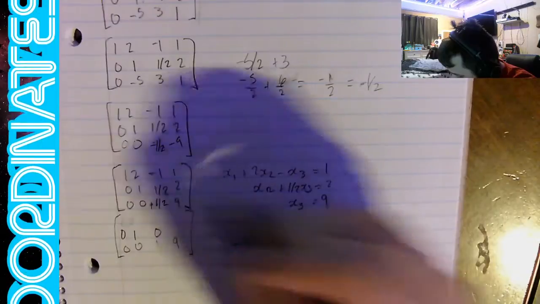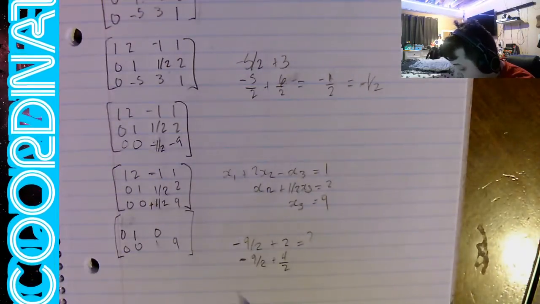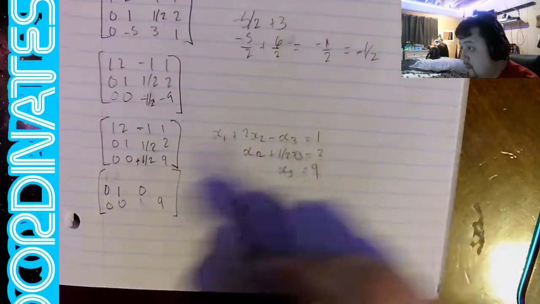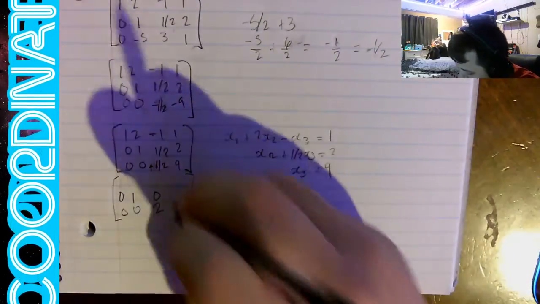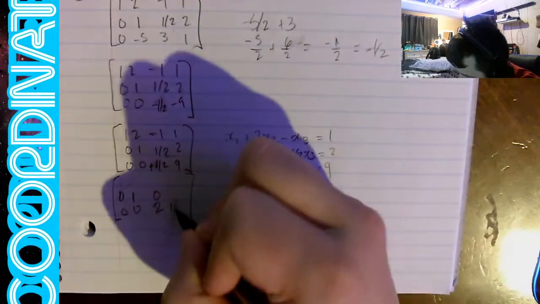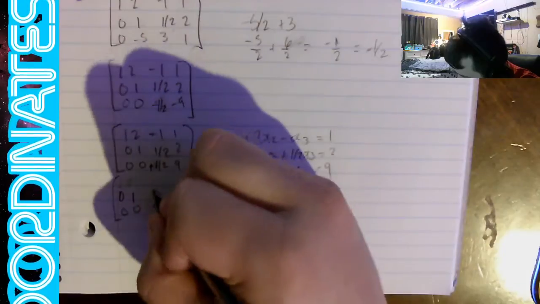So that's still negative 1. That's still 1/2. I want that to be 1, so what I'm actually going to do is multiply this by 2. And that's going to give me 2/18. And for now, we're going to keep it looking like this.